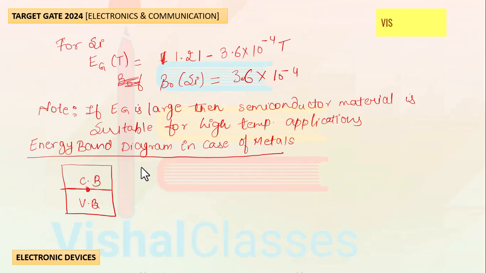In metals, free electrons are available in high amount.